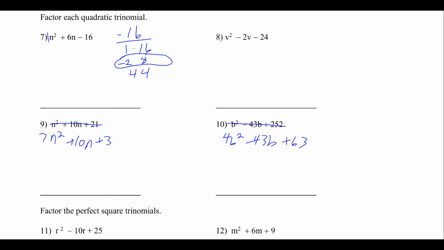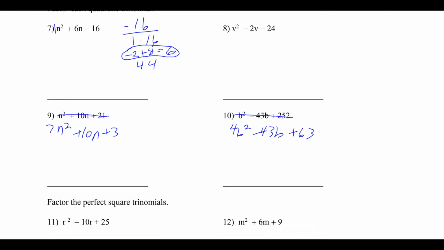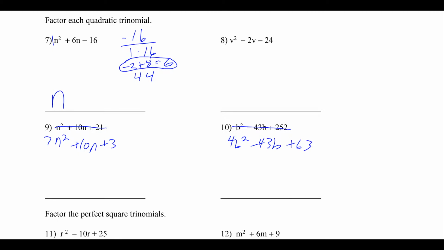Now, if I have a negative 2 plus 8, that would be positive 6. That's what I'm looking for, and that's what I'm going to use. I'm going to go n minus 2, n plus 8. And it's that simple.